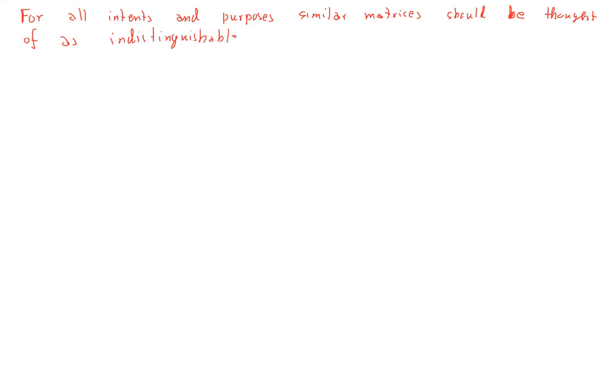Why? What's the philosophy that leads us to make such a bold statement? To say, if I have two matrices and they happen to be similar, meaning you multiply one matrix on the left by an invertible matrix and on the right by the inverse of that matrix, and you get your other matrix, then the two matrices, as far as we're concerned, are pretty much the same. What makes us say something like that?